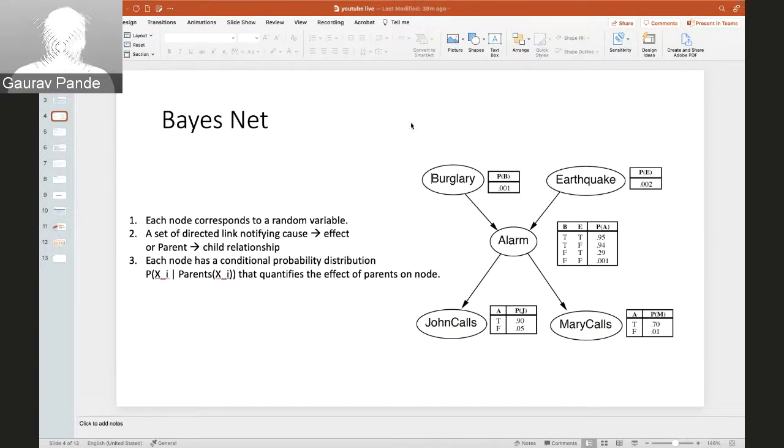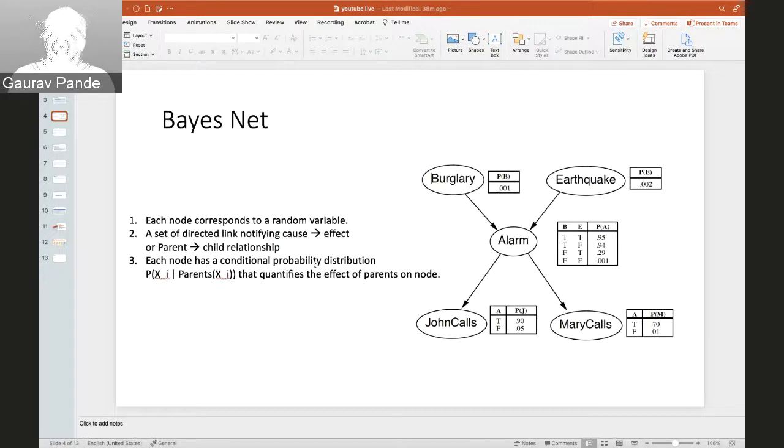For example, in this figure from the textbook, if a burglary has happened, then an alarm could ring in the apartment. Similarly, if an earthquake has happened, then the alarm can ring as well. So it's a parent-child relationship, and at the same time a cause-effect relationship. The burglary can cause an alarm to ring, and similarly, an earthquake can cause an alarm to ring.